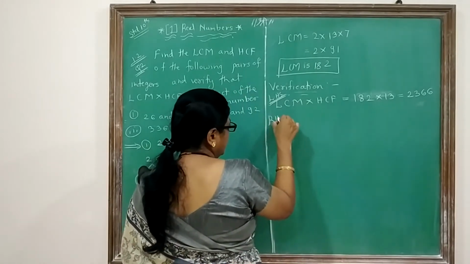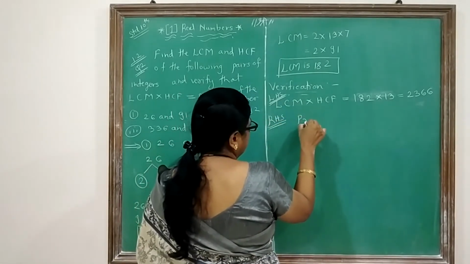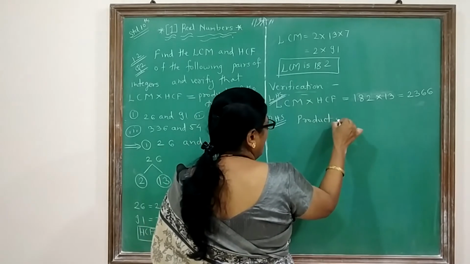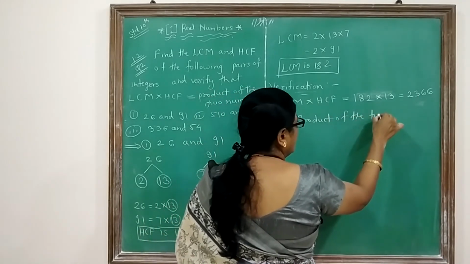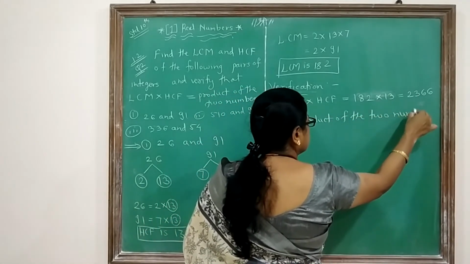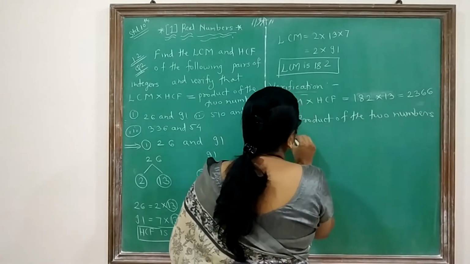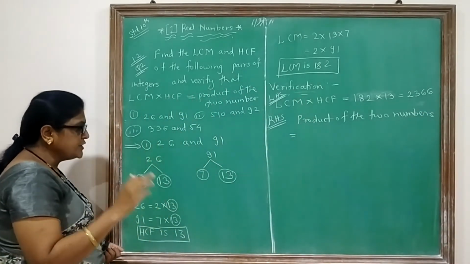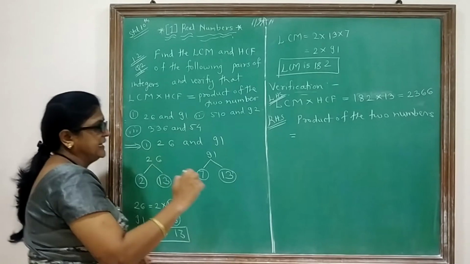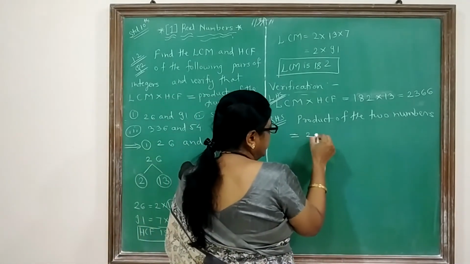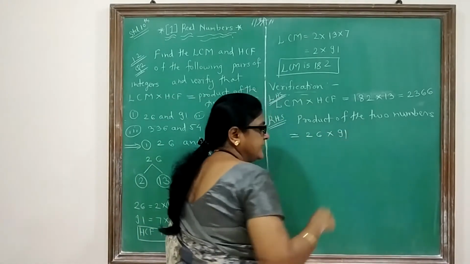And your RHS side is what? Product of the two numbers. Product of the two numbers means which two numbers? 26 and 91. Then you will multiply 26 by 91.